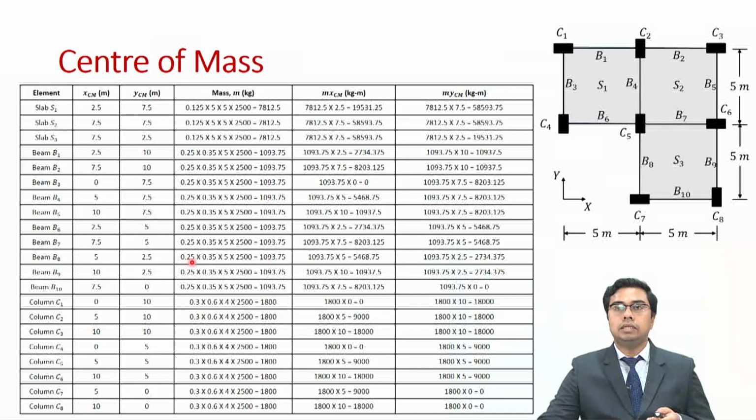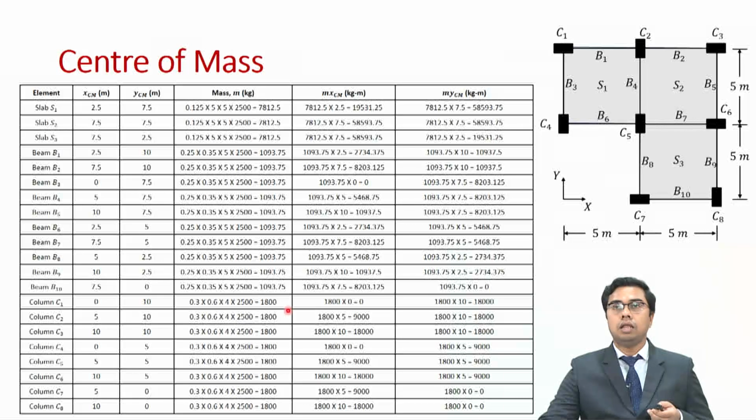Let us see for one column, column C1, we have the cross sectional dimension of 0.3 meters by 0.6 meters, the height of story is given as 4 meters and the density of concrete is 2500 kilograms per meter cube. So, this gives us that the mass of column will be 1800 kilograms.